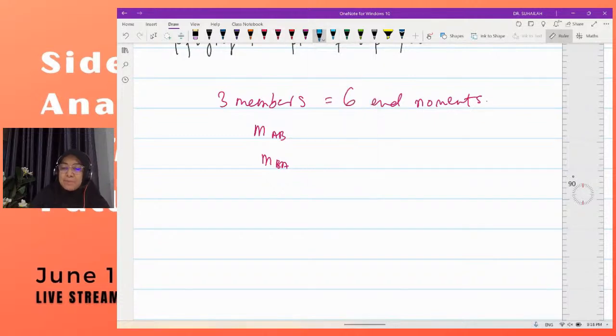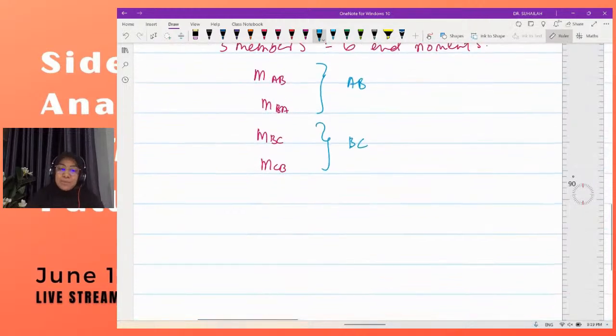Then we have MBC and MCB, for member BC. And we will have MCD and MDC, and these two are for member CD.